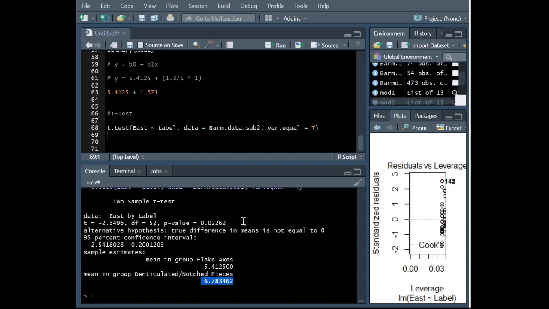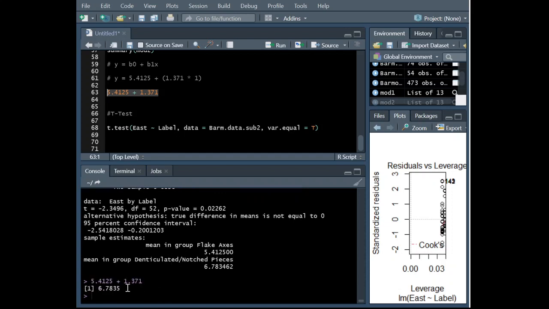I showed you how to do it by hand above, where the intercept is simply 5.4125, and if you add it to the slope, you get the estimated mean for the second group, 6.78, right? Again, it's identical. What I just showed you doing the linear model way is the same as using this t-test function, because the t-test function is simply a wrapper on that LM function with some extra stuff.